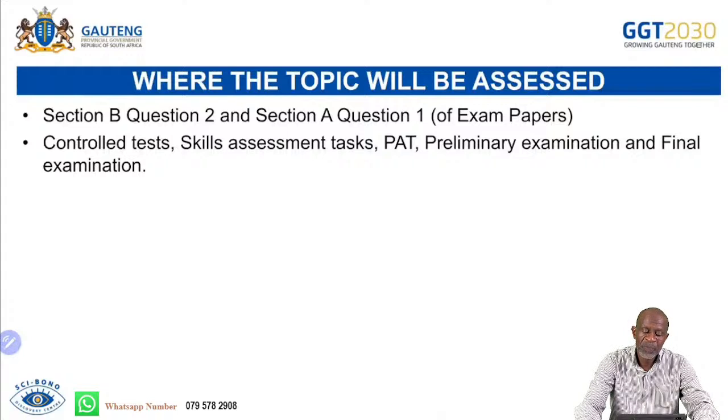You will also be assessed on time zones during the controlled test, skills assessment task, the practical assessment task, as well as the preliminary examination and the final examination, as I have indicated.